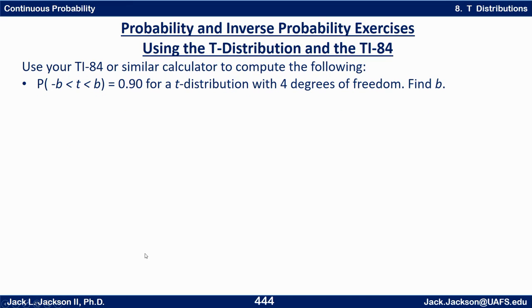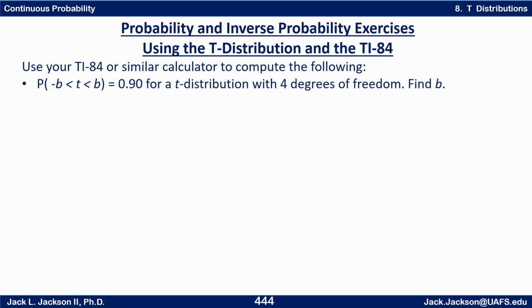Okay, what about this one? The probability that t is between negative b and b is 0.90 for a t distribution with 4 degrees of freedom. Find b. Now here we're going to have to leverage the symmetry to our advantage a little bit. And remember that b is centered on the mean of 0.